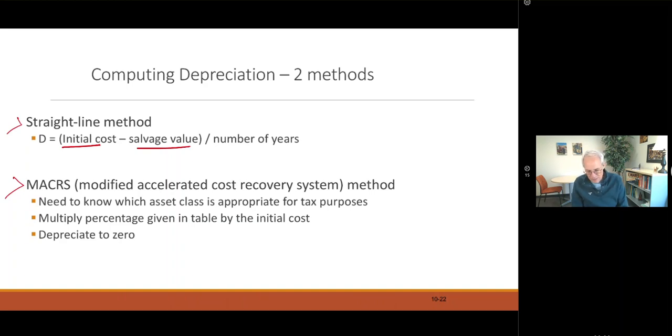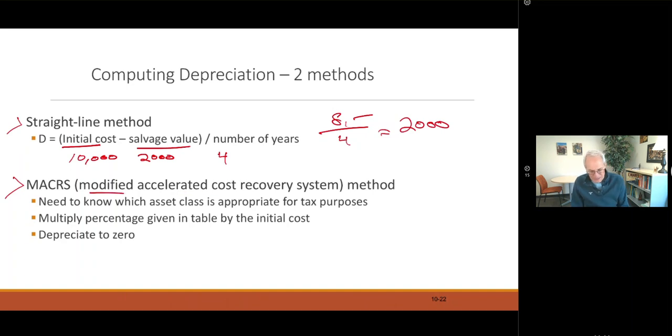So if we bought something for $10,000 and we think we're going to sell it for $2,000 in 4 years, that would mean 8,000 divided by 4. Our depreciation would be $2,000 a year. Okay? That's straight line. So it's the same amount each year.